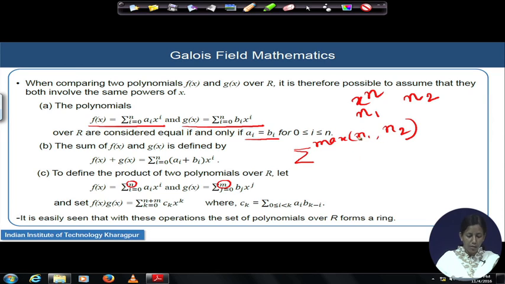So if it is n1 and n2, then it will go up to n1 plus n2, where a_i and b_j will be combined in the form of c_k, where c_k can be expressed like this. So there is a relation of a_i, b_j and c_k given by this expression, and the product is given by this final expression f(x) g(x) equal to this.